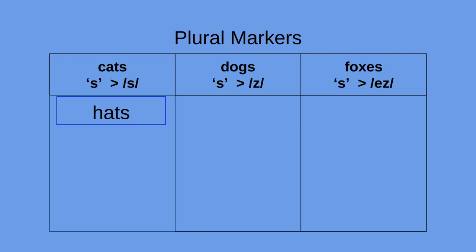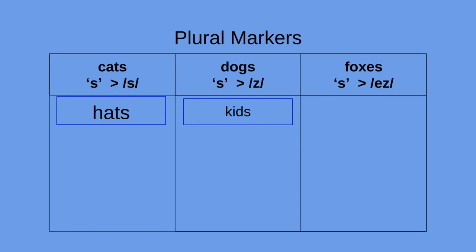What about the word kid? I have more than one kid in my classroom, so I have kids in my classroom. Did you hear s, z, or ez? Awesome. Kids. You heard the z sound. What about the word lunch?